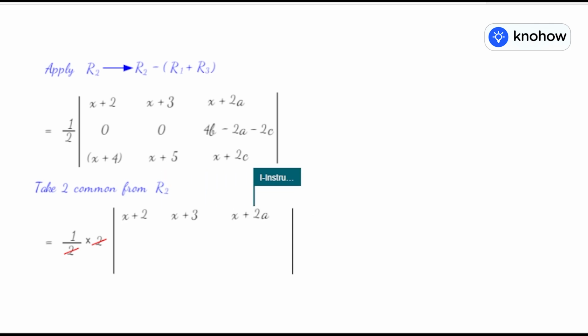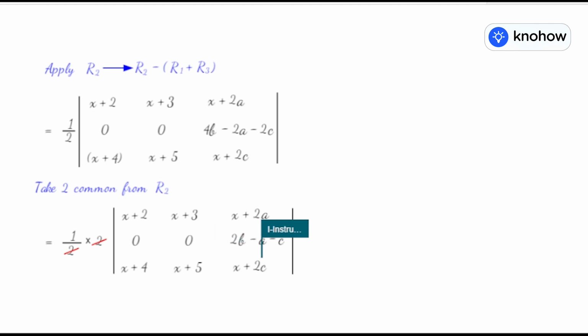And taking 2 common, you get 0, 0, and you get 2b minus a minus c. And the elements of the third row are x plus 4, x plus 5, and x plus 2c.